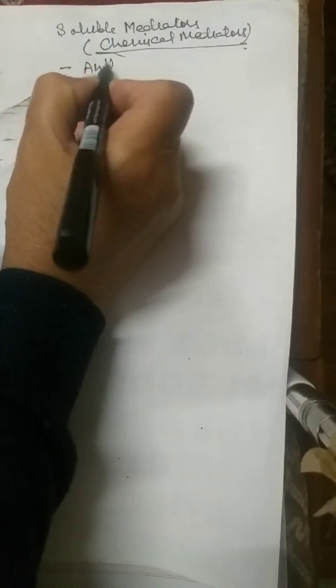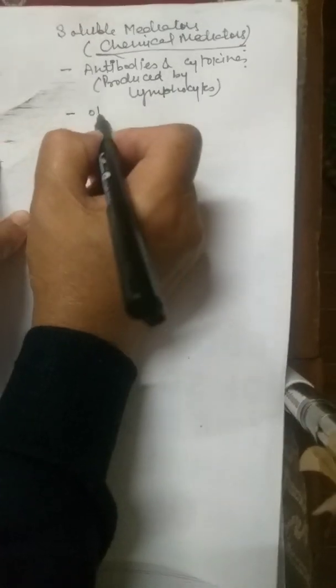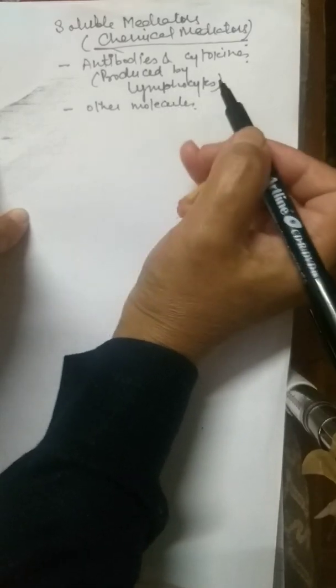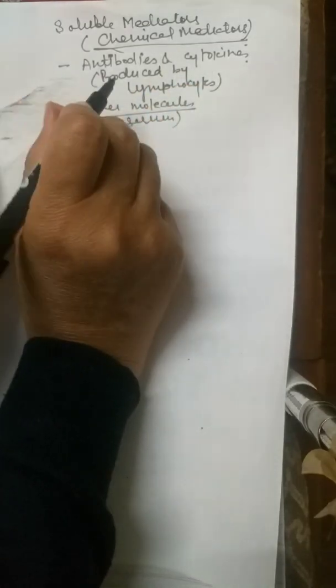The cellular mediators are antibodies and cytokines, which are produced by lymphocytes. There can be other molecules which are normally present in the serum, other than antibodies and cytokines.